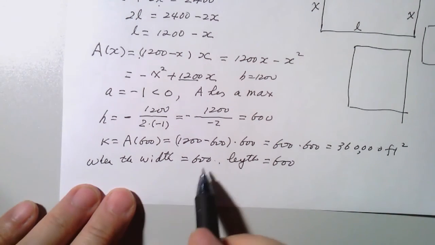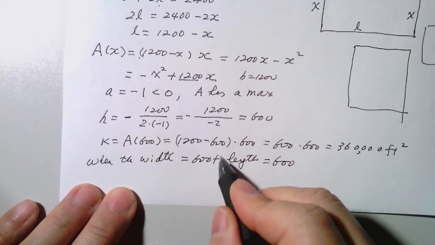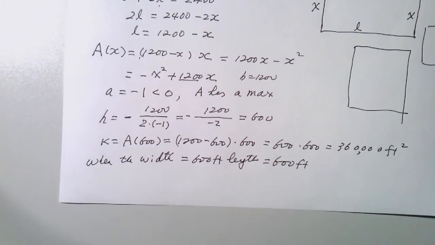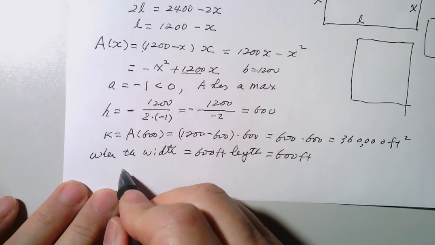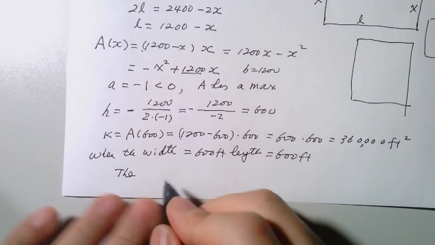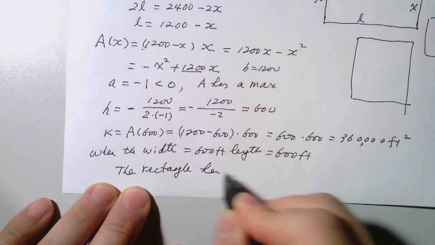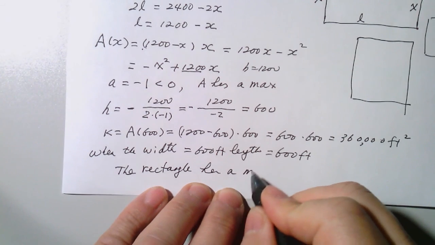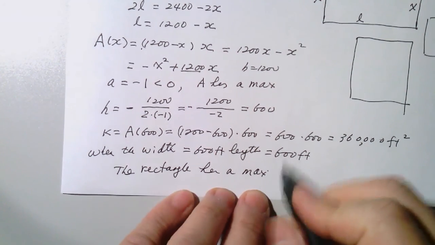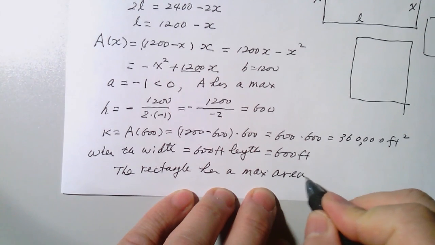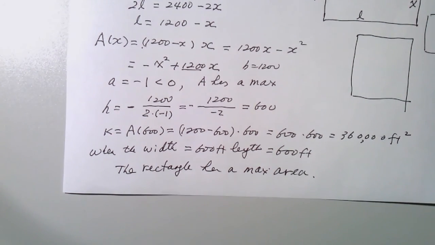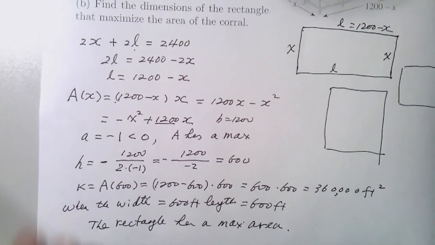When the width equals 600 feet and the length equals 600 feet, the rectangle has a maximum area. Okay, so that's what we have here for a very quick application. That's the end of this video.